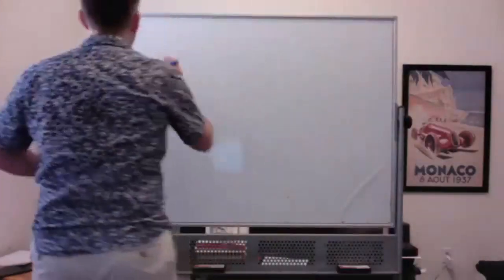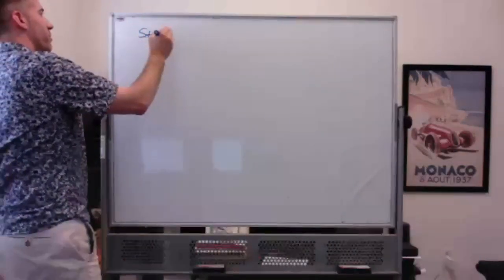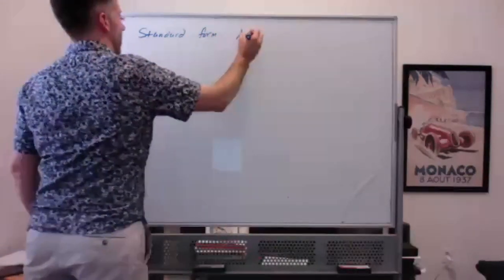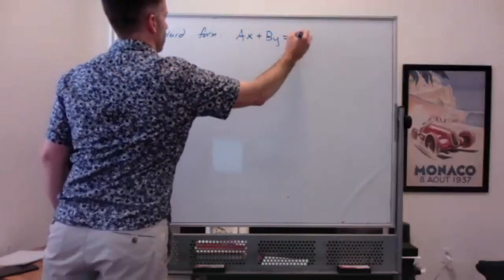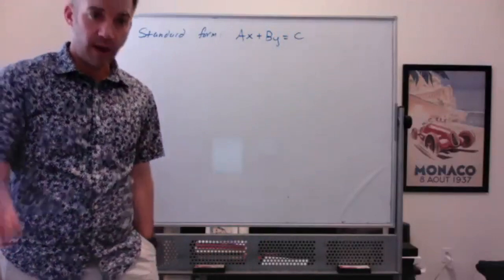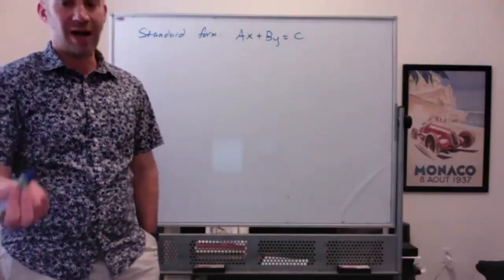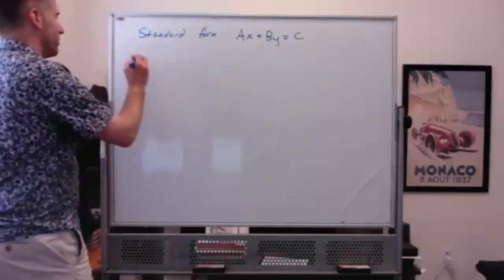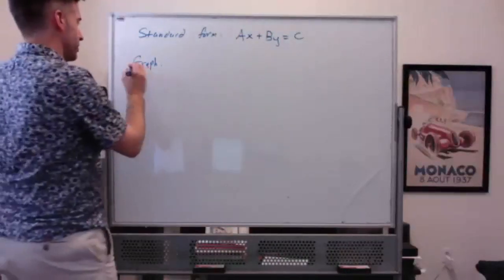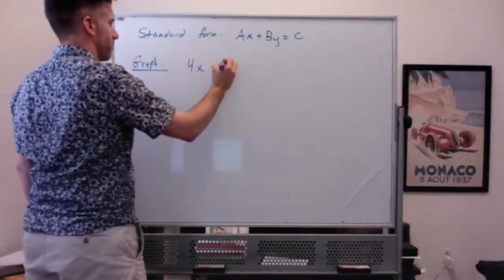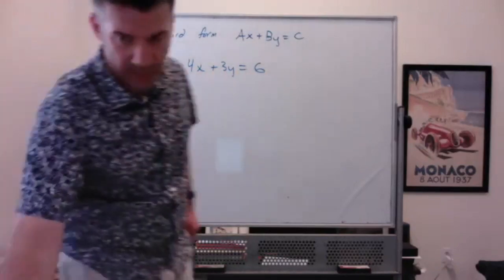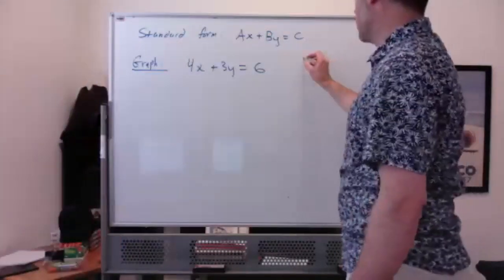So let's say we do something in the standard form, Ax plus By equal to C. What I really want to emphasize here is that to graph something in standard form, you do not need to solve for y. Let's say we want to graph the following: 4x plus 3y equals 6. Let me just write it out here. We do not need to solve for y.